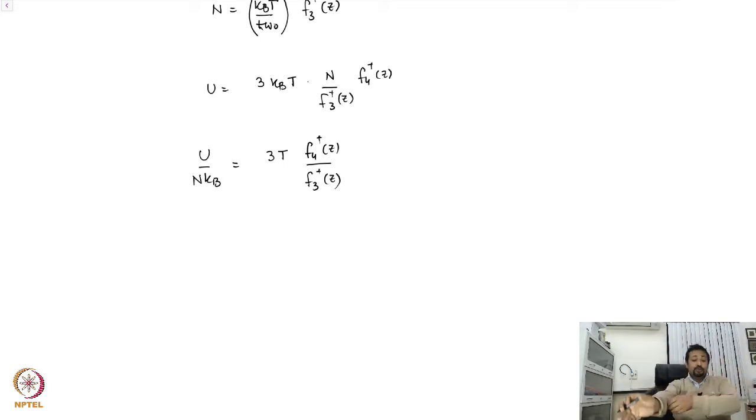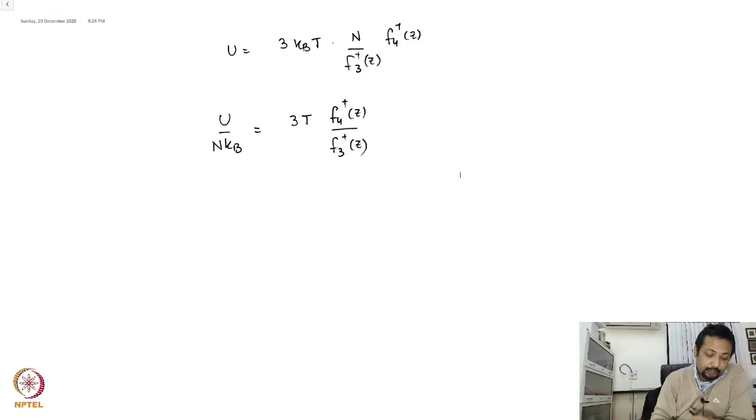So we want to repeat the elaborate calculation, and it's instructive to do it. The specific heat C over NkB is going to be del T of U over NkB.